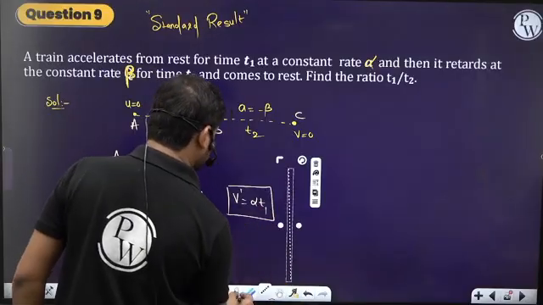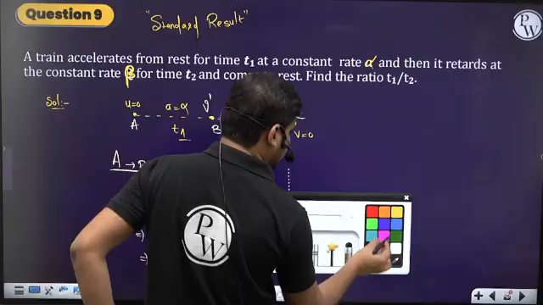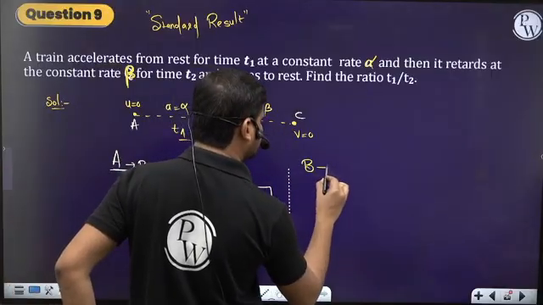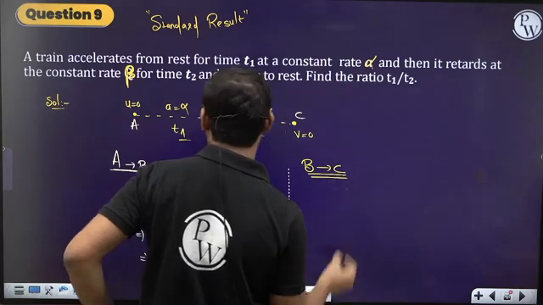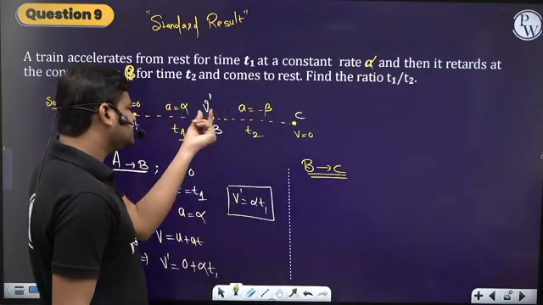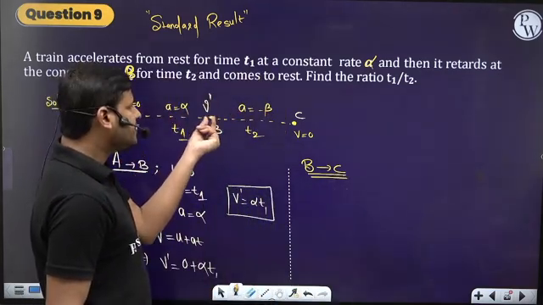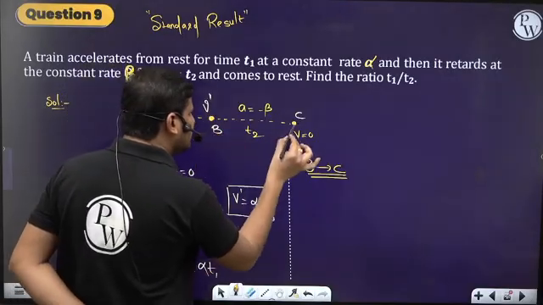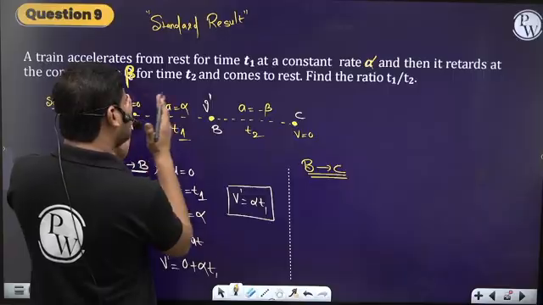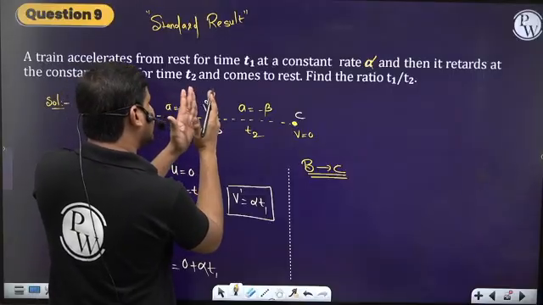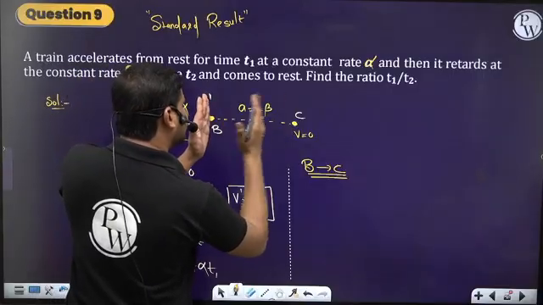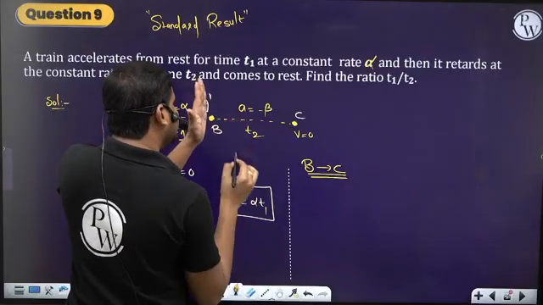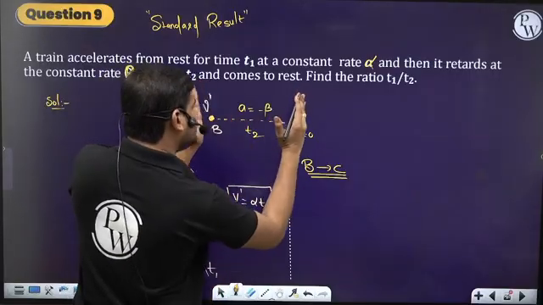Now let's take the motion from B to C. Observe carefully. Whatever the velocity is here becomes the initial velocity for this journey from here to here.